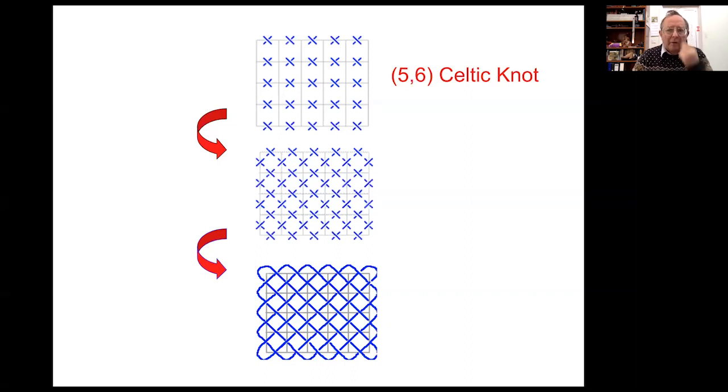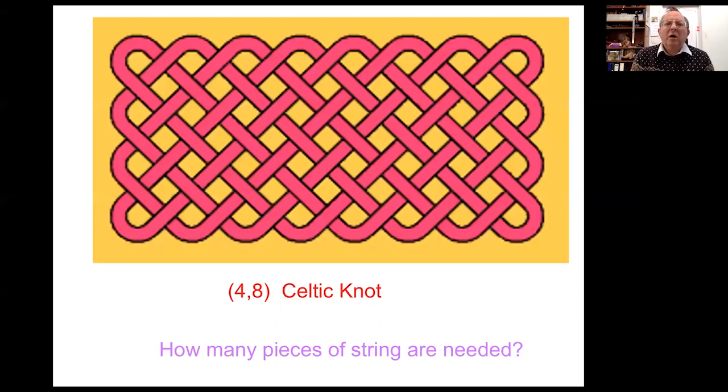So if that's a net with a piece of string, a natural mathematical question is how many pieces of string would you need to produce that net? And when you look at it, it looks fearsomely complicated, but actually when you get down and count them, you find you only need one piece of string to produce that net. So that's a net from a 5-6 grid. Here's a somewhat more subtle picture, one I kind of did earlier.